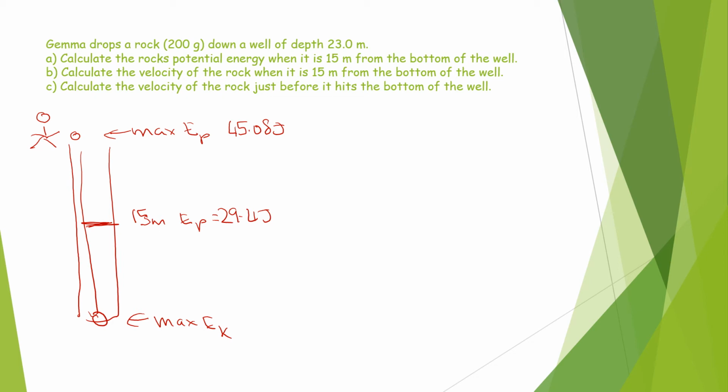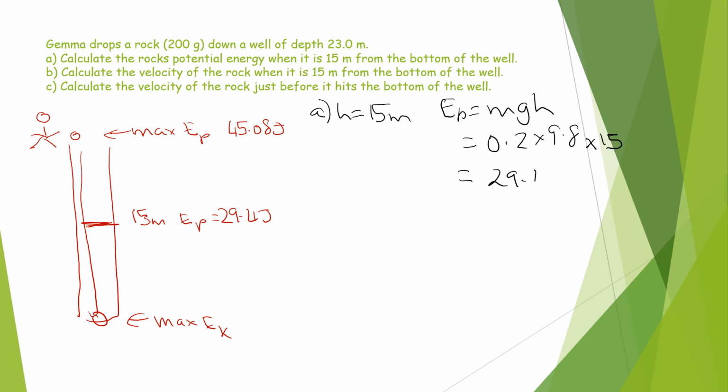Now let's do part A. We want to know the potential energy at 15 metres. Potential energy equals mass times gravity times height. The mass was 0.2, gravity was 9.8, and the height was 15. So in this case, it is equal to 29.4 joules. Now we know that the mechanical energy equals potential energy plus the kinetic energy.